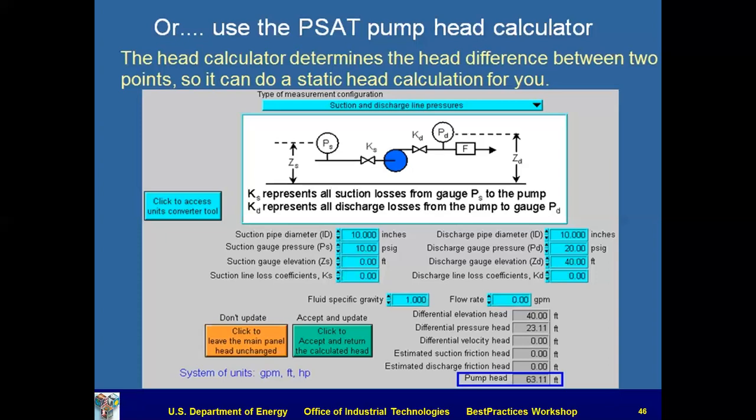And for the elevation head, we just make sure that the difference between the suction and discharge is 40 feet. So we put in 0 for the suction gauge and 40 feet for the discharge. That gets us an elevation head of 40 feet. We don't really have flow in this situation, so we put in 0 for the loss coefficients on the suction and discharge.